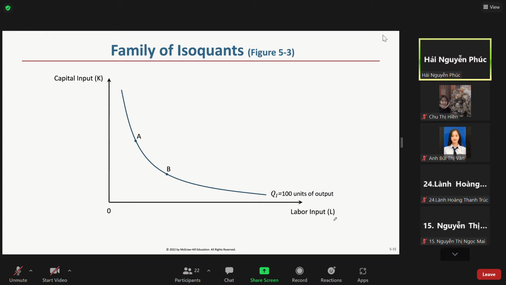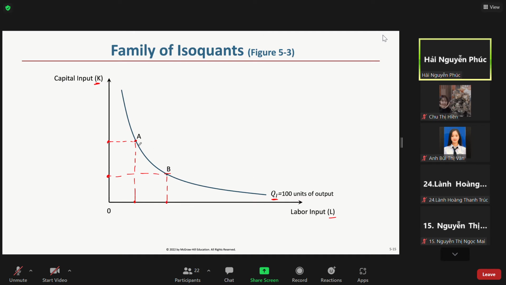Here's the graph. We have the two inputs, K and L, capital and labor input. Here's the shape of an isoquant. It tells us that suppose at point A, we use this quantity of capital and this quantity of labor input. At point B, we use this quantity of capital and this quantity of labor, right?